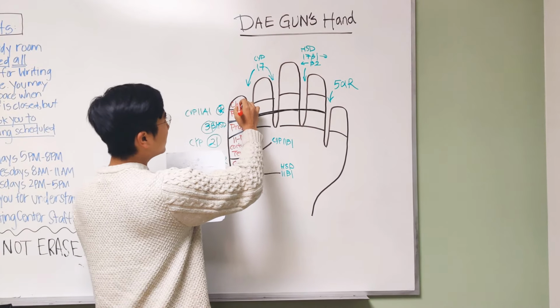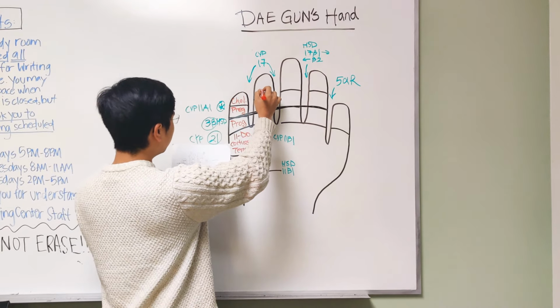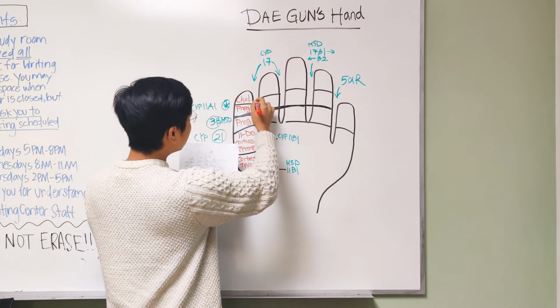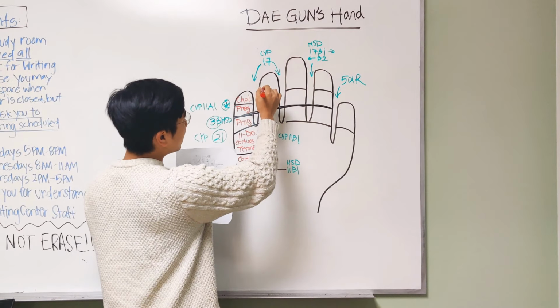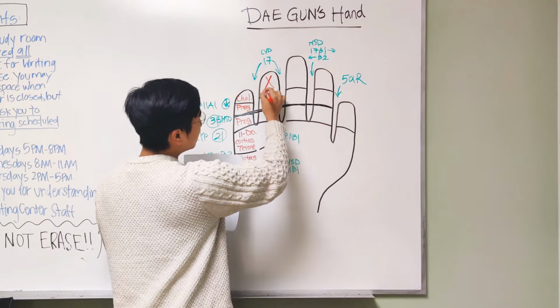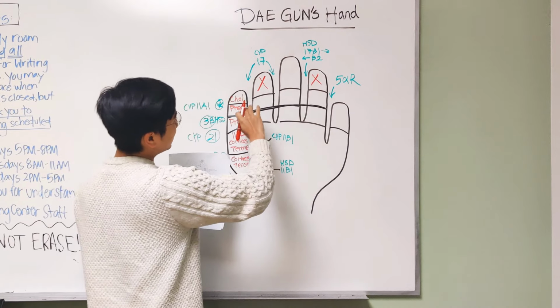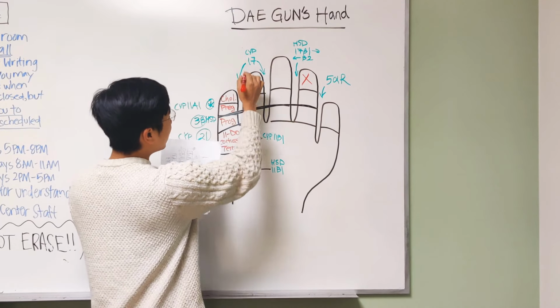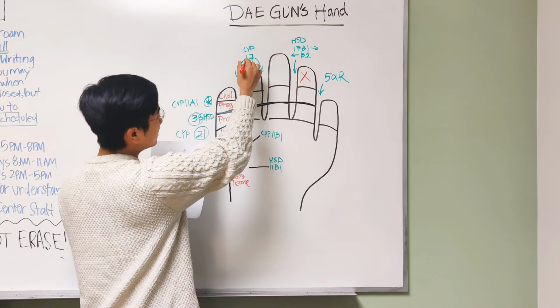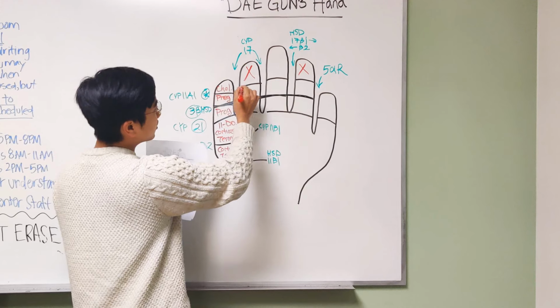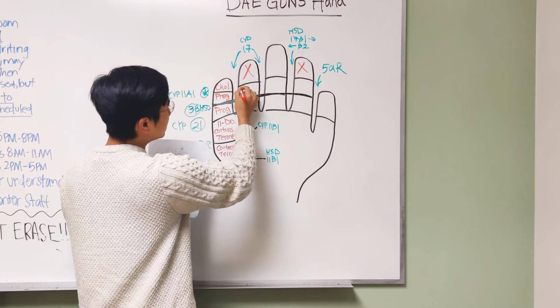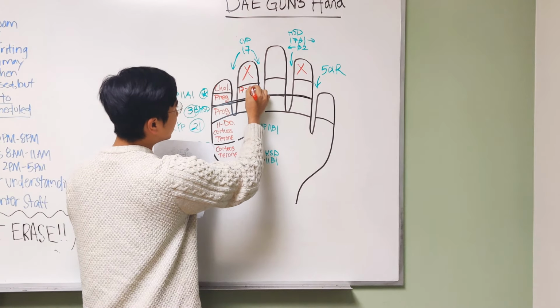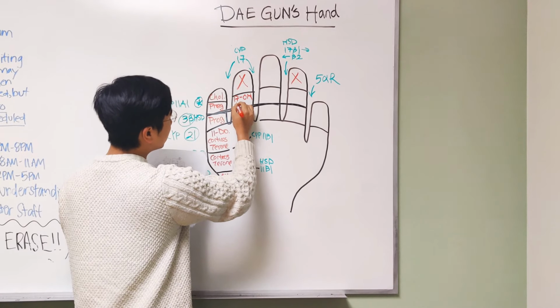Then as we cross to the other side, we will not be using this one or this one, and I'll explain why later. Here, pregnenolone, as it crosses this CYP enzyme, becomes 17-hydroxypregnenolone.